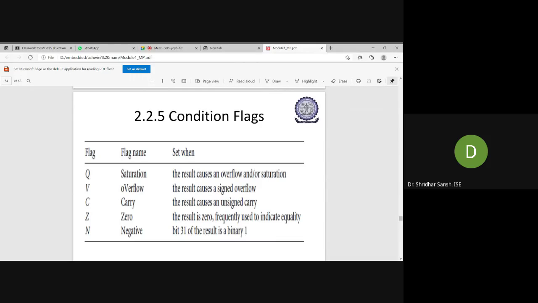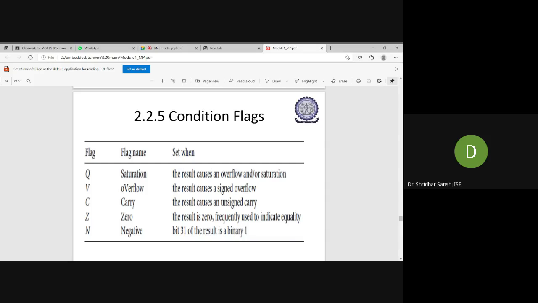Whenever we do some operations in the ALU, depending upon the result, these bits are updated. Do you get what I'm saying? The flag values in the CPSR register are updated based on the ALU operations that we perform in the ALU block.